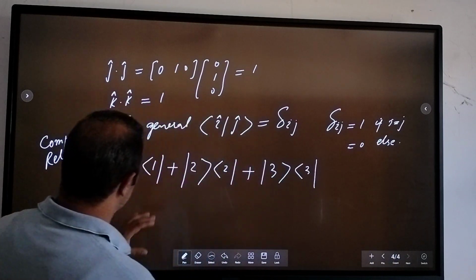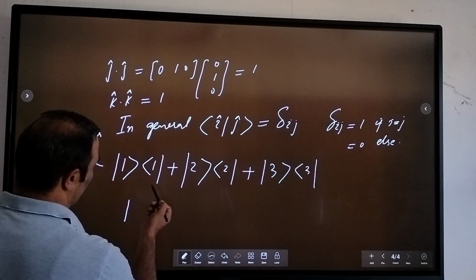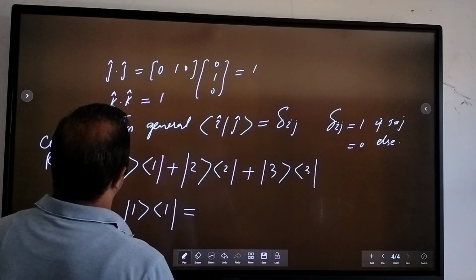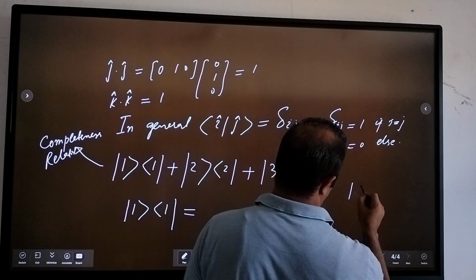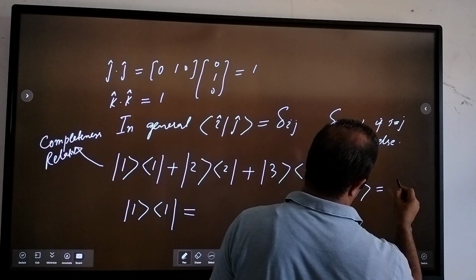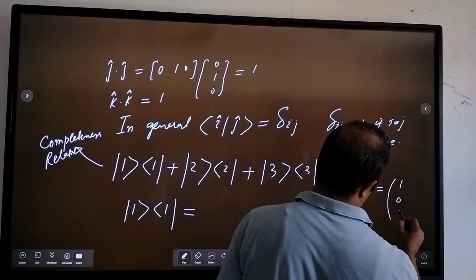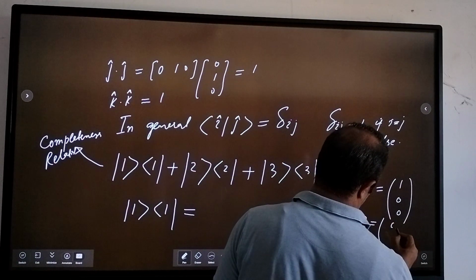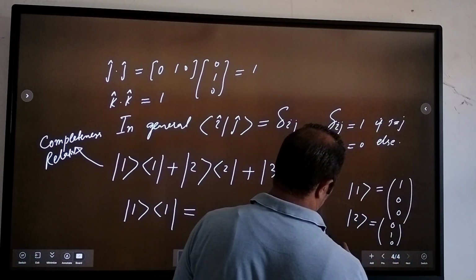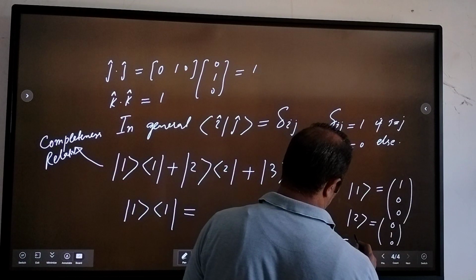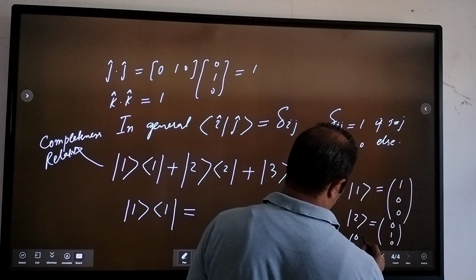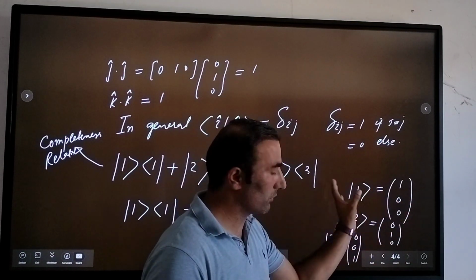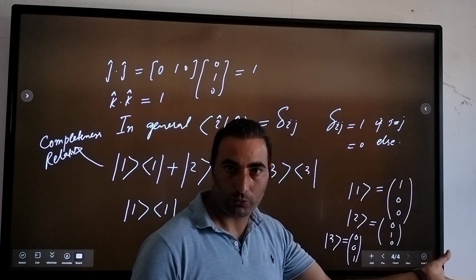So because we have already calculated, if you write now 1 with 1, what will this be equal to? Because our 1 is 1 0 0, and if you take its bra, that will be the row matrix 1 0 0.